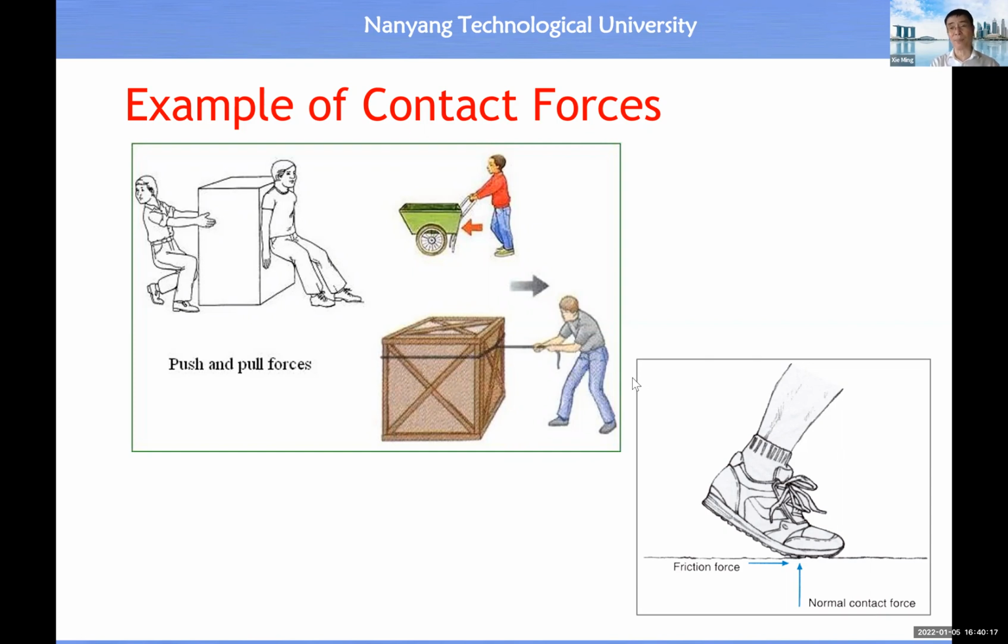You can walk on the surface of the ground, then there's an interaction force between the foot and the ground. In all these situations, basically, we make use of contact force to achieve these kinds of behavior in the physical world.